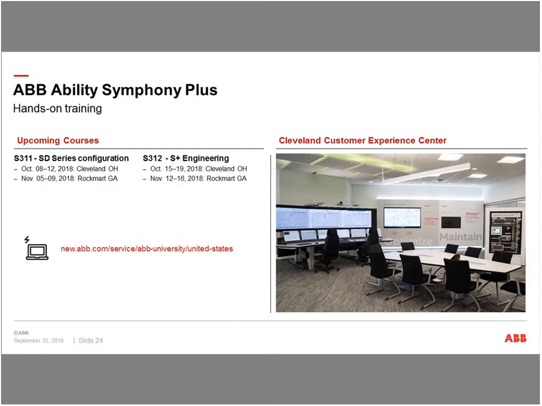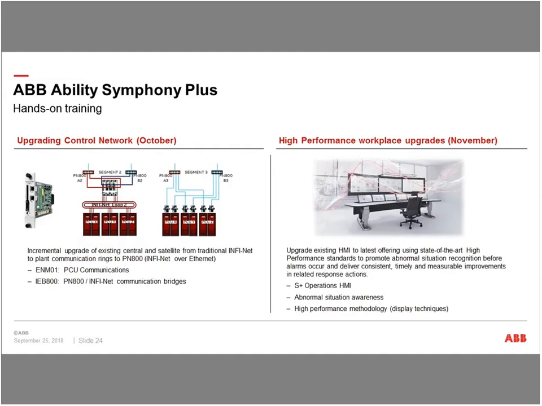The next thing that I want to talk about is based on the feedback from the previous webinars. We took a poll to see what is of interest for you to see for your facility. And the number one was upgrading the control network. So in October, there's going to be a webinar where we'll go in and talk about upgrading your existing central or satellite ring from the traditional coax to the Ethernet backbone.